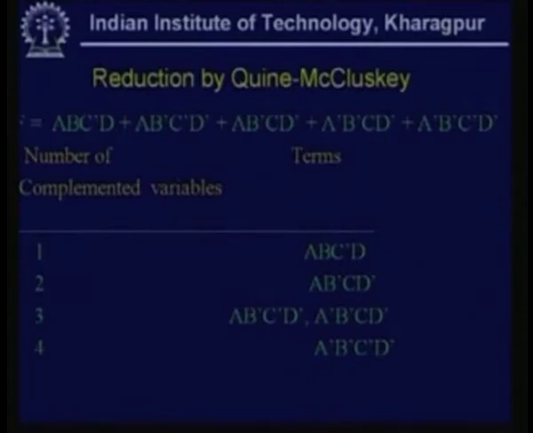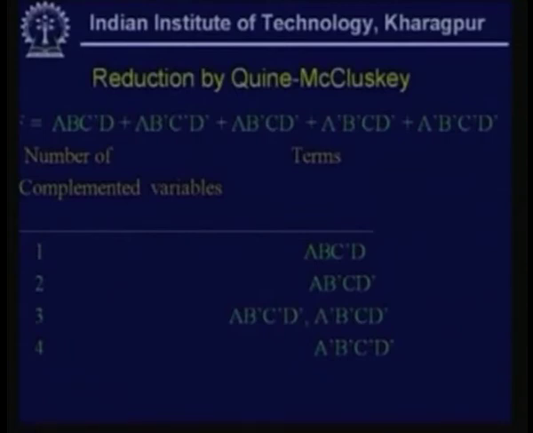In the terms which have 1 complemented variable, there is only one min term, a b c dash d. Here c dash is complemented, so it is 1. If the number of complemented variables is 2, I have only one min term, where b dash and d dash, that means 2 complemented variables are there.